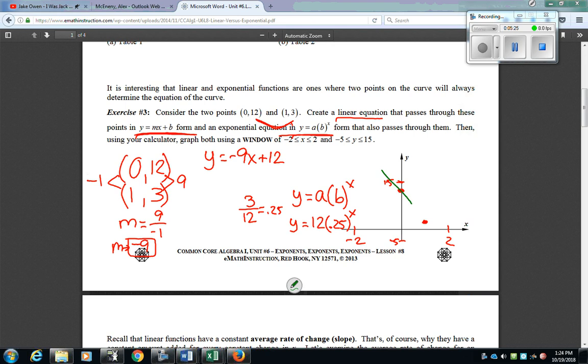The linear one is going to go through those points and stay straight. That's my linear function. And the exponential one is going to come down and curve and go along that x-axis. Okay, so this is our exponential, 12 times 0.25 to the x, and then the other one is our y equals -9x plus 12.